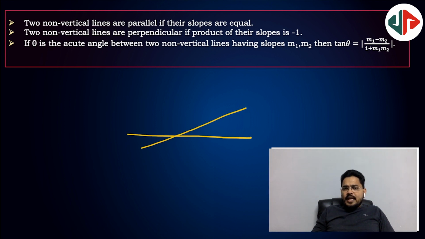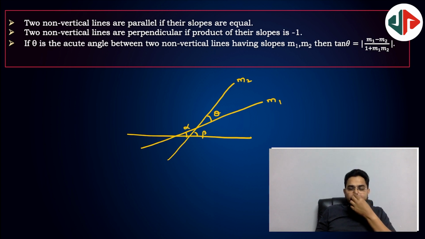This is one line with the slope m1 and this is another line with the slope m2. For example, this angle is beta and this angle is alpha. So theta is equal to beta minus alpha.